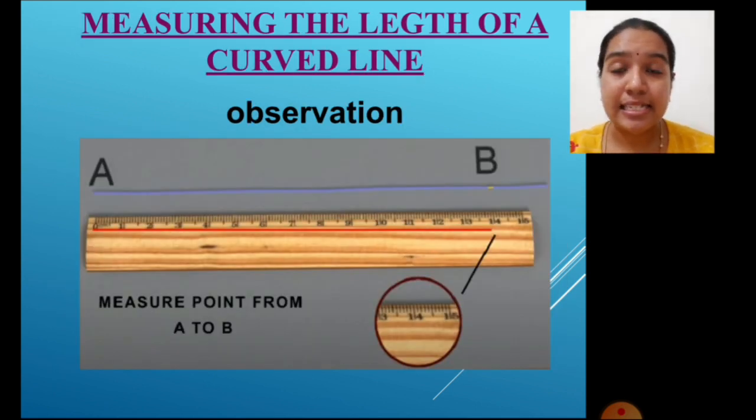But even with threads, as we have seen in the activity, after measuring with the thread, at the end we measure the thread on a scale to express the length of a curved line in SI units. Even for this, we finally need a measuring device which has properly marked SI units on it.